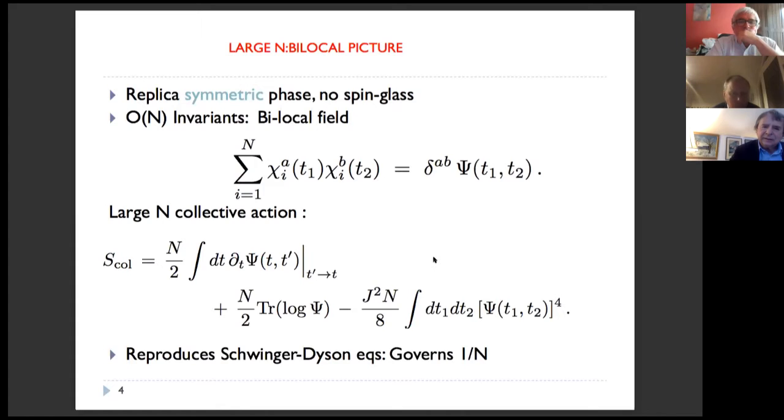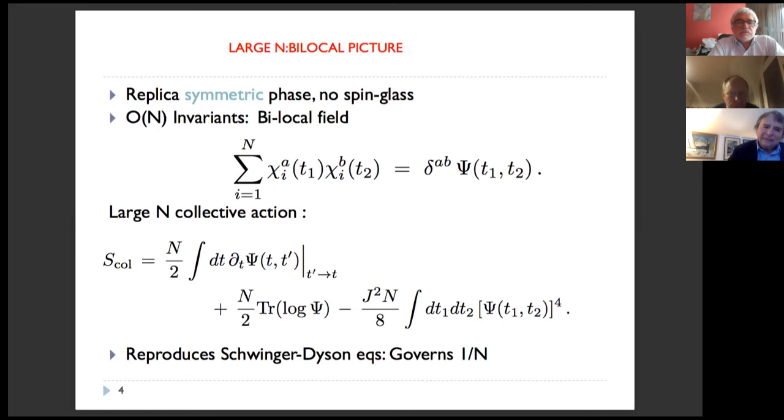I call collective action. The effective action has three terms. It has the old terms from the Lagrangian itself, which is this kinetic term here. And after you integrate out the random interaction, you get a quartic term in terms of the bilocal, which would be an 8-power term in terms of fermions.